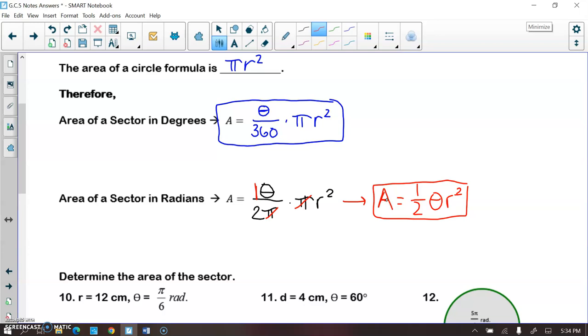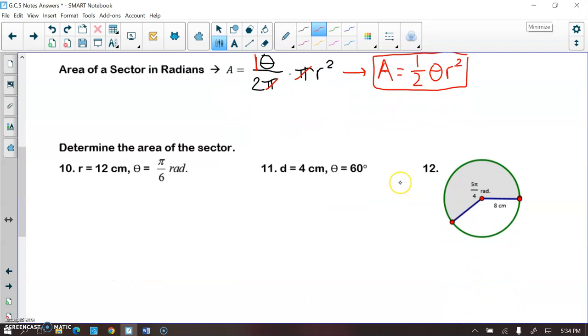All right, let's get started. The first one here, we are given it in radians, so I'm going to use that second formula. Area is equal to 1/2 times my radians times my radius squared. Now it doesn't say whether we want exact or rounded, so I'm going to do both.